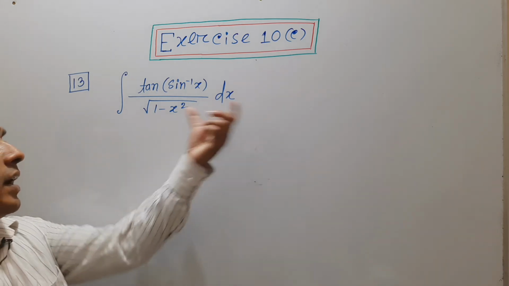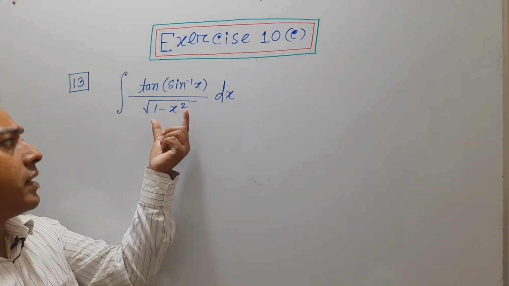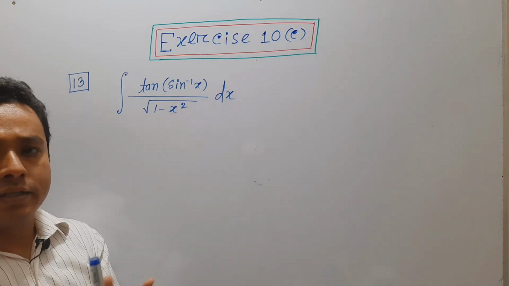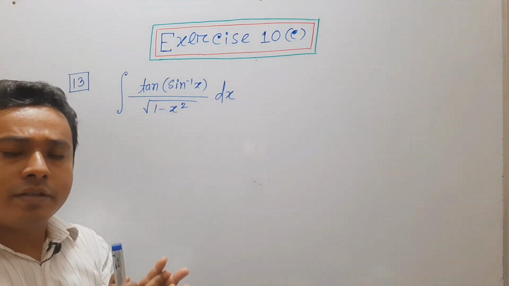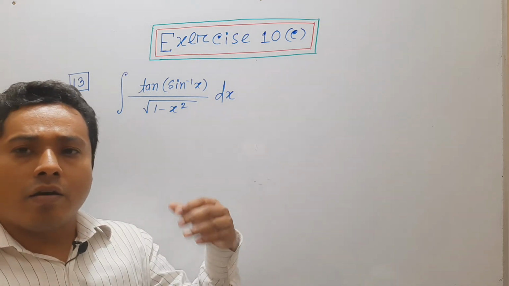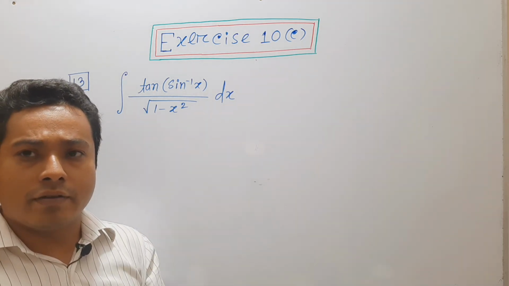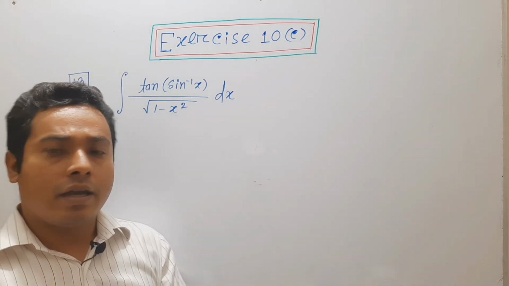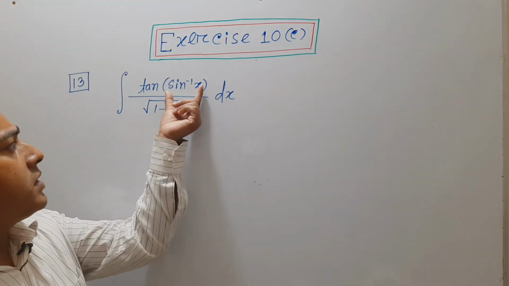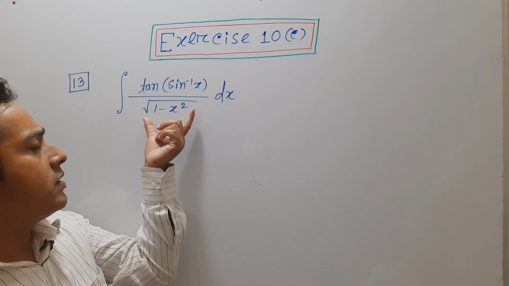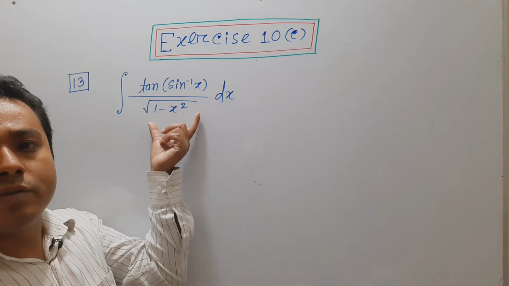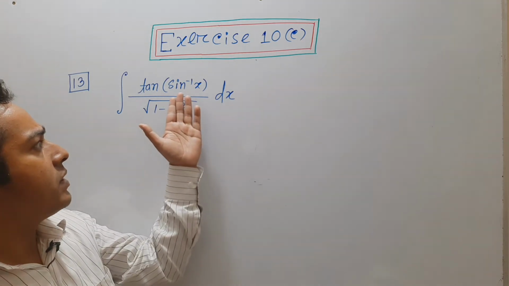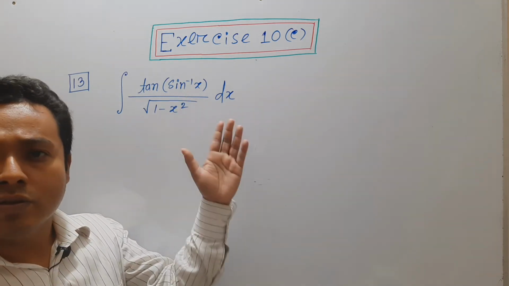Dear students, here sin inverse x and root over 1 minus x square are two functions, and one is the derivative of the other. You have to realize it. Here the differentiation of sin inverse x is equal to 1 divided by root over 1 minus x square. So consider sin inverse x is equal to z.